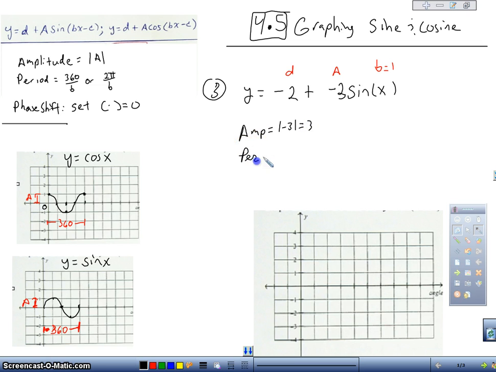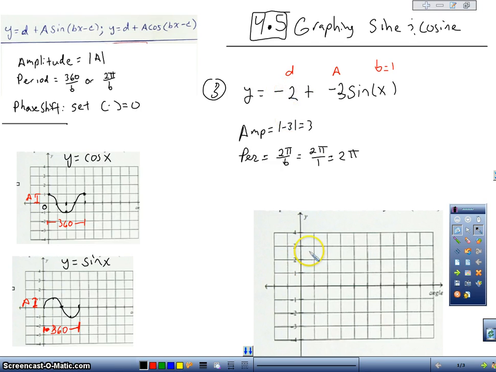And the period, let's do it in radians again. Let's say that it's 2 pi over B, or 2 pi over 1, because B is 1, so the period is 2 pi. That's how long the wave is. Okay, so let's do this. Now this D, the way that it's going to affect the graph is that it's going to raise the whole graph all the way to 2.